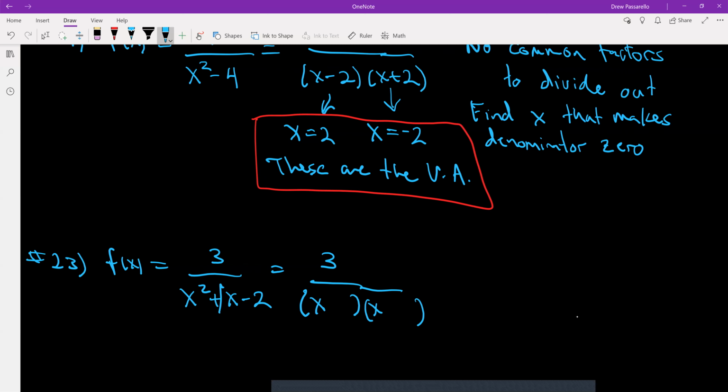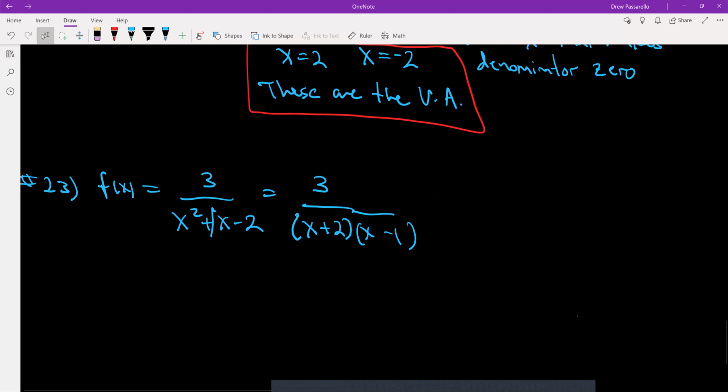I look at the last number, negative 2. What two numbers multiply to give negative 2 that sum up to give me 1? If I need the product to be negative 2 and the sum to be positive 1, then it'll be x plus 2 and x minus 1, right? Because 2 minus 1 is 1, and 2 times negative 1 is negative 2.